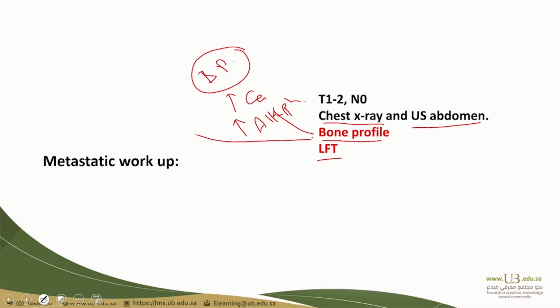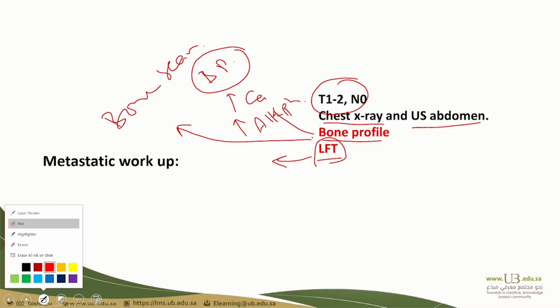then those patients will go for a bone scan. Otherwise, in early breast cancer, we don't need a bone scan and CT scan. A CT scan will be included in very early breast cancer if the patient has abnormal LFT or a history of pulmonary symptoms, so we suspect some lung metastasis.